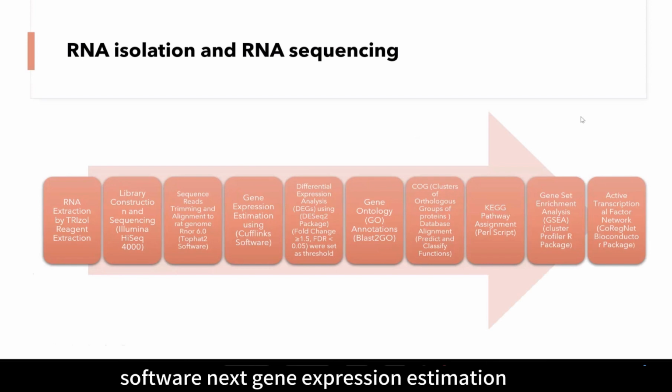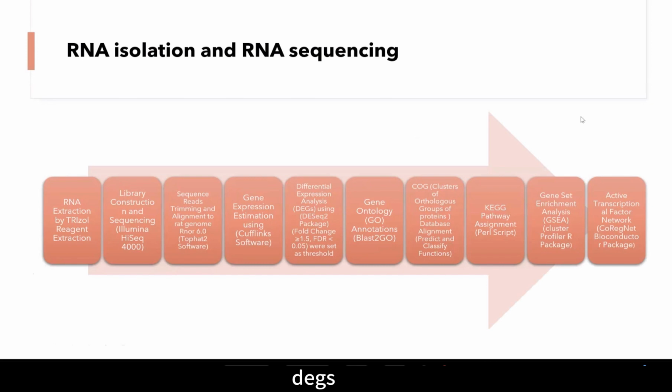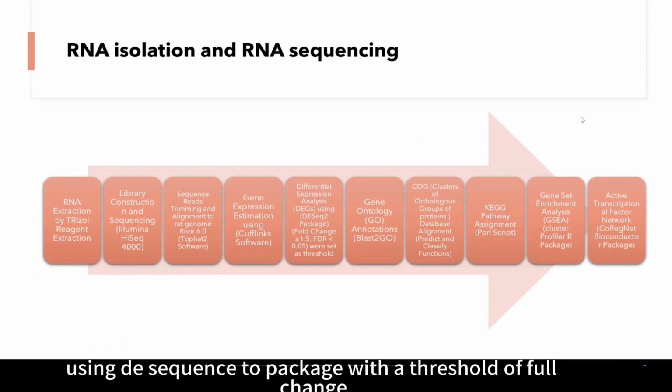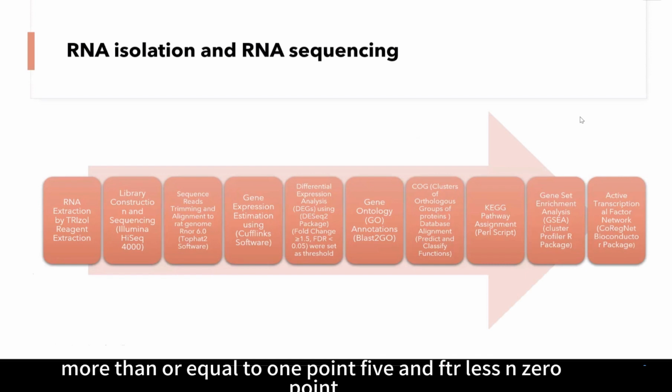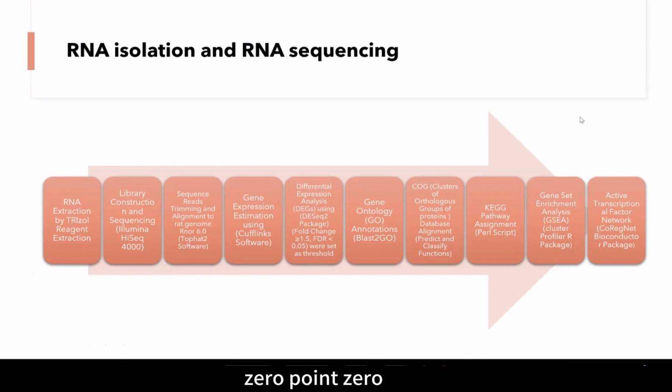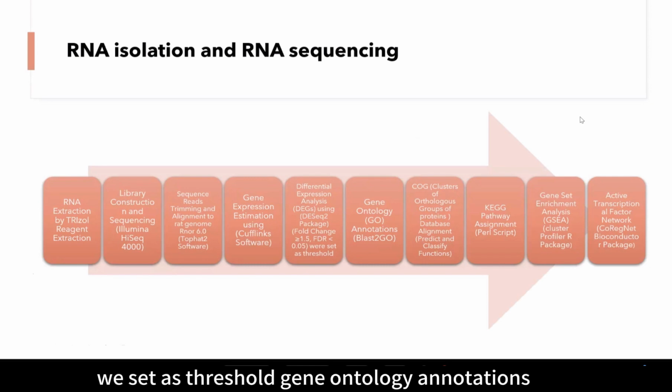Next, gene expression estimation using Cufflinks software. Differential expression analysis of DEGs using the DESeq2 package with a threshold of fold change greater than or equal to 1.5 and FDR less than 0.05.